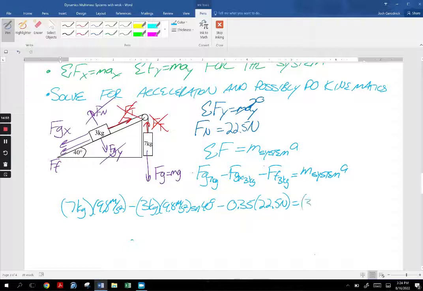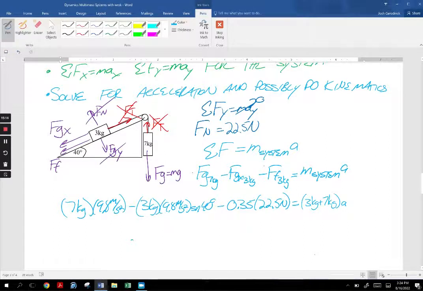The system total is 3 kilograms plus 7 kilograms, or 10 kilograms. The only thing we don't know here is acceleration, so this is a shortcut, and we can get right to the acceleration right away.